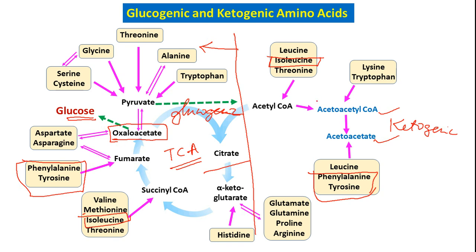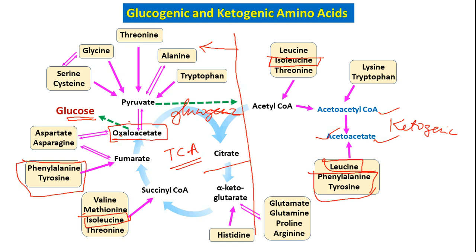Okay, but if you see leucine over here, it is giving us only acetoacetate. So this type of amino acid we call only ketogenic. And here if you see aspartate and asparagine are providing us oxaloacetate only. So this type of amino acids we call glucogenic.